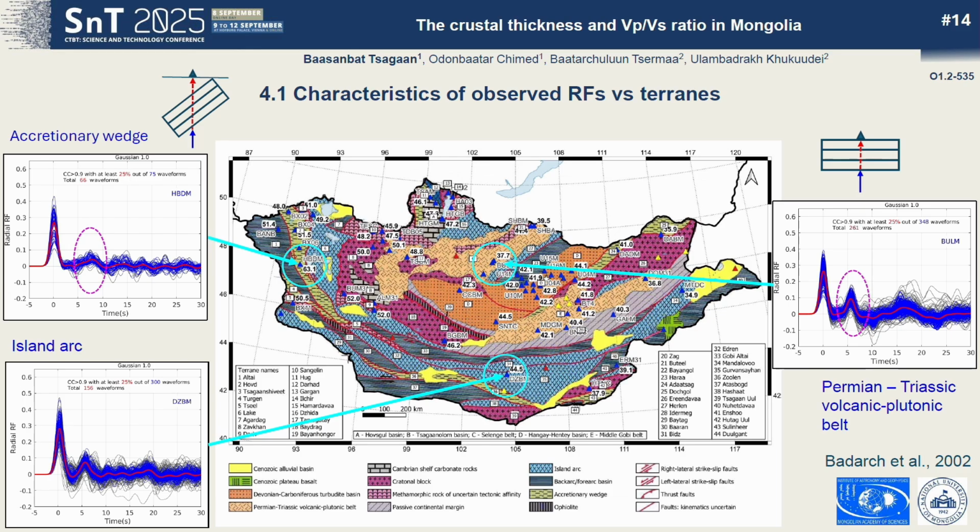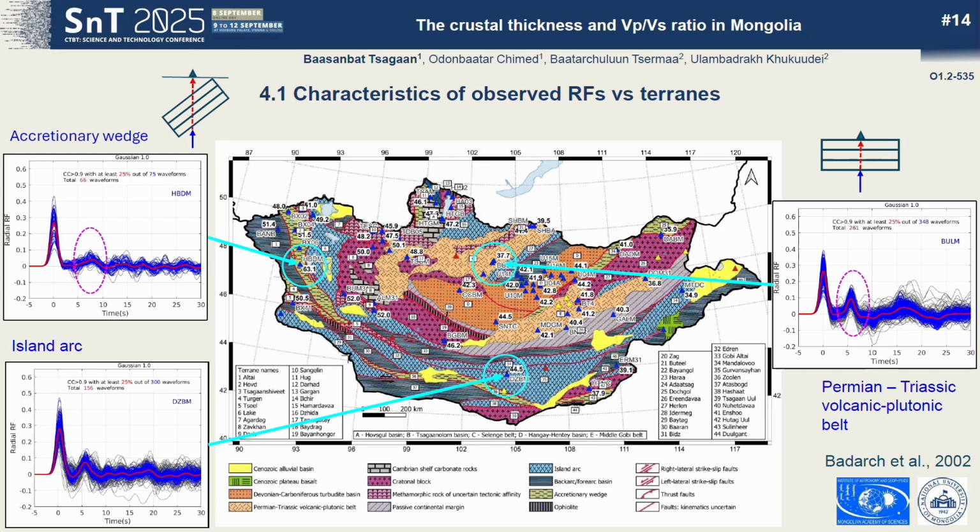According to the tectonostratigraphic terrain map, HBDM is located in an accretionary wedge terrain, which is geologically very complex. The BULM station sits on a Permian Triassic volcanic plutonic belt, and the DZBM station sits on an island arc terrain.